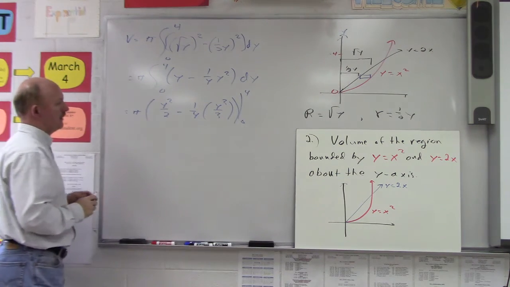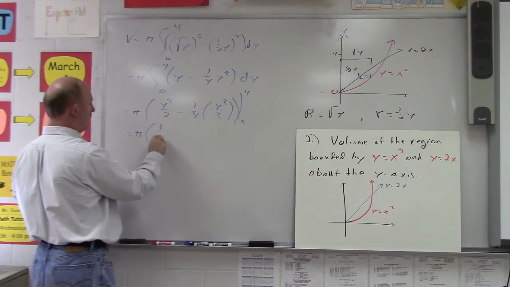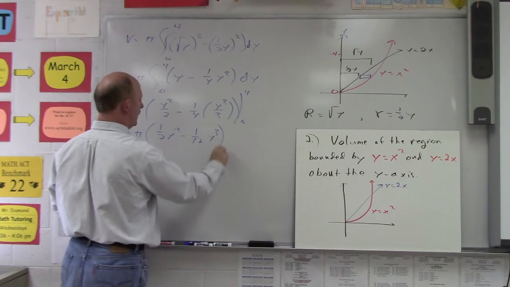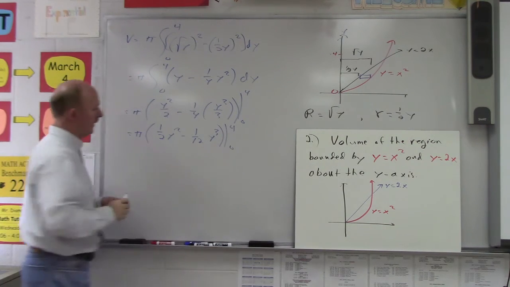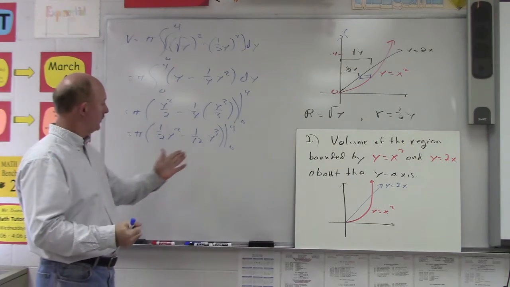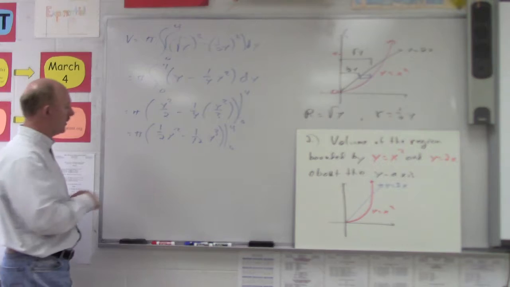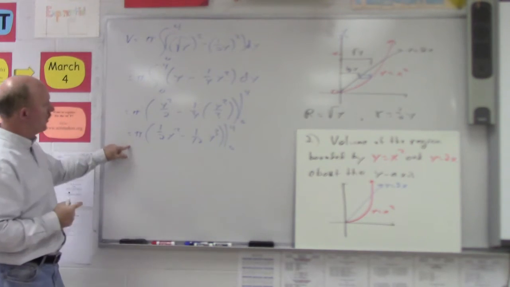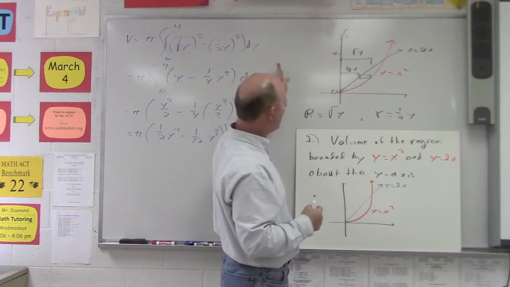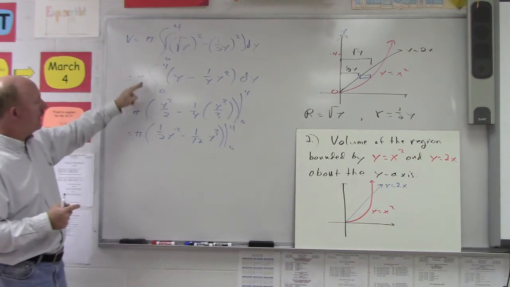Okay. Now let me simplify this a little bit. So it'll be pi times 1/2 y squared minus 1/12 y cubed from 0 to 4. Now let's substitute the upper bound minus the lower bound, and it should give us our volume. Just once again, make sure whenever you set your integral up, remember now, we're revolving this about the y-axis, so you've got to remember to put that pi on your integral.